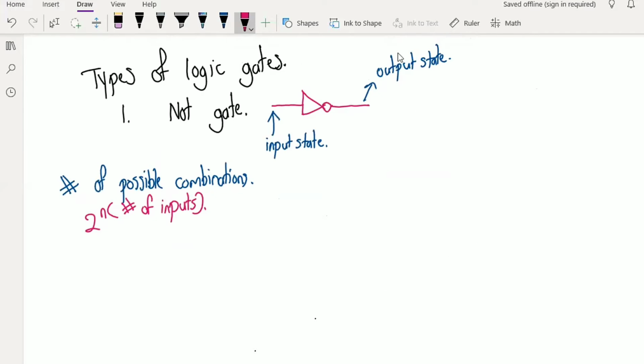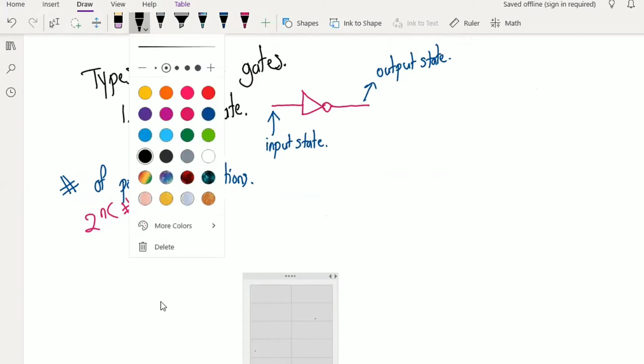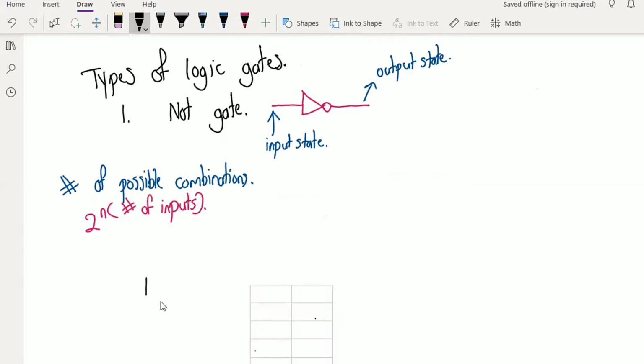All right, so let's go about drawing our truth table. So the truth table is, as its name suggests, a table that tells us the truth about the output state.